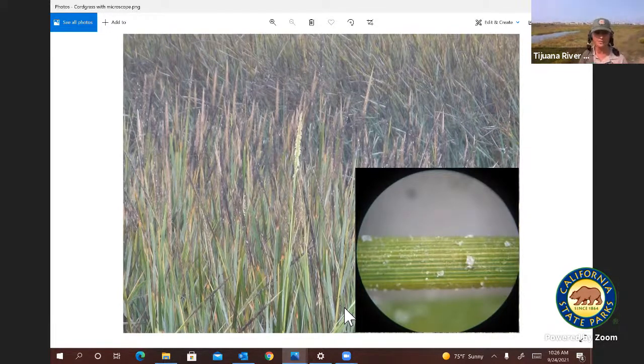So cordgrass is in the grass family. You see those long, slender, flat, sword-like blades, which are the leaves. So think about what that might feel like. A lot like a blade of grass on a lawn. It's that flat feeling, thin and flat.